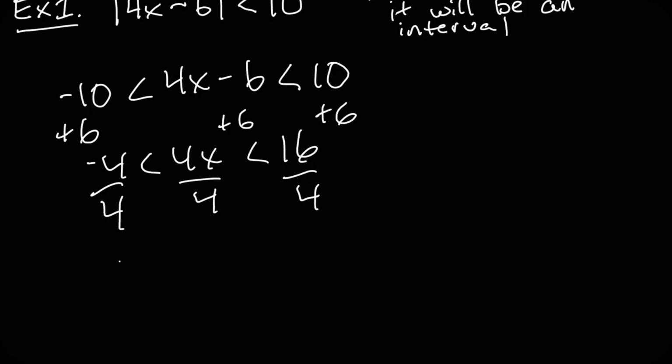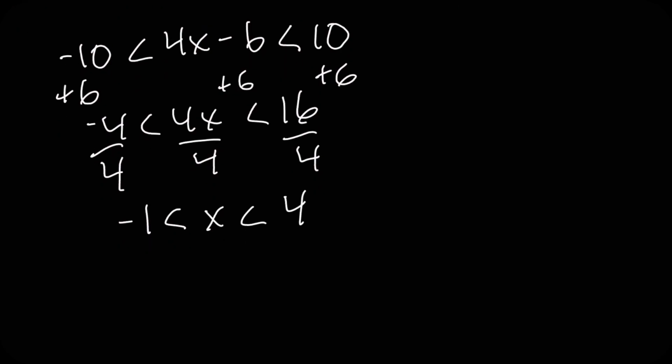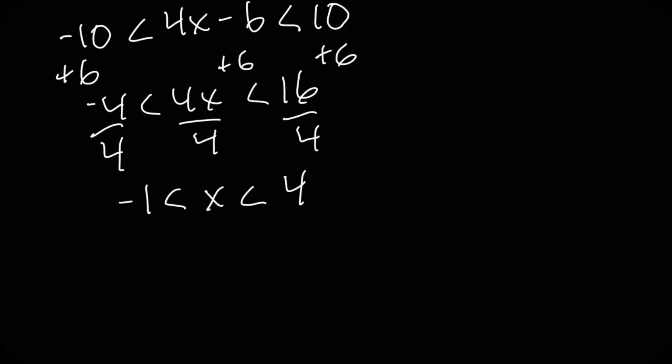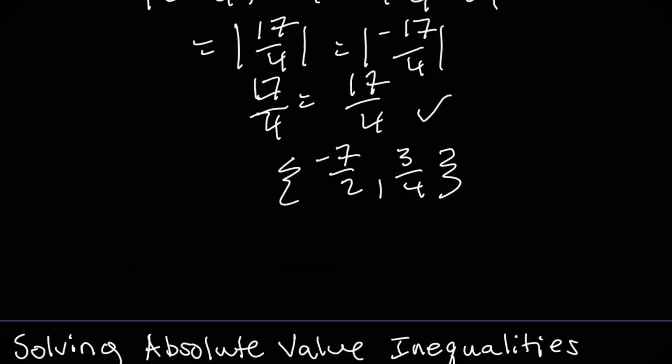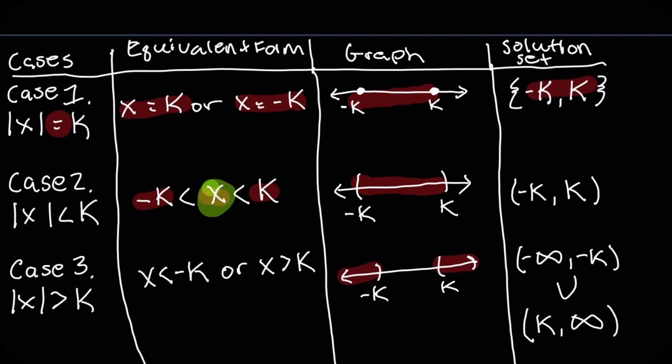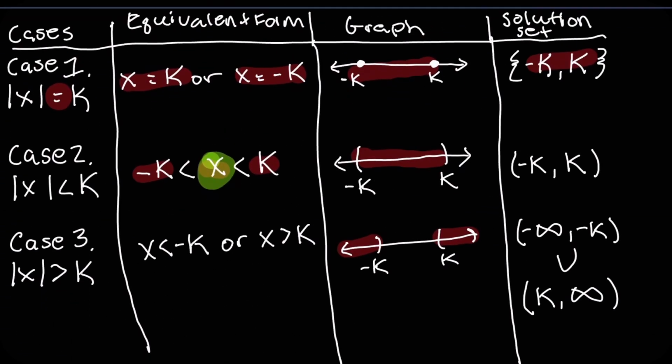So you'll be left with negative 1 is less than x, which is less than 4, and this will be our solution here. Negative 1, 4 for our notation if we go back up for our final result.